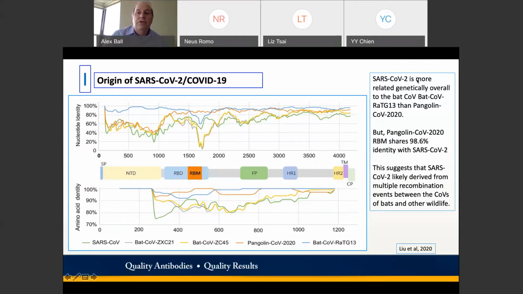So SARS-CoV-2 is genetically closer overall to the bat coronavirus, bat-CoV RaTG13, than the pangolin CoV sequence. However, the pangolin coronavirus receptor binding motif shares 98.6% identity with SARS-CoV-2. So what this indicates is that SARS-CoV-2 likely derived from multiple recombination events between the coronaviruses of bats and other wildlife. And when you think about it, that's kind of chilling.